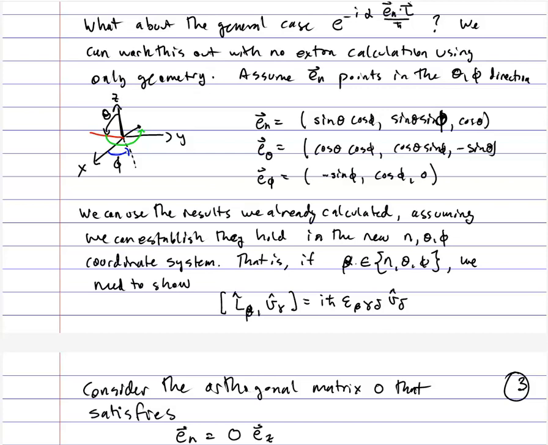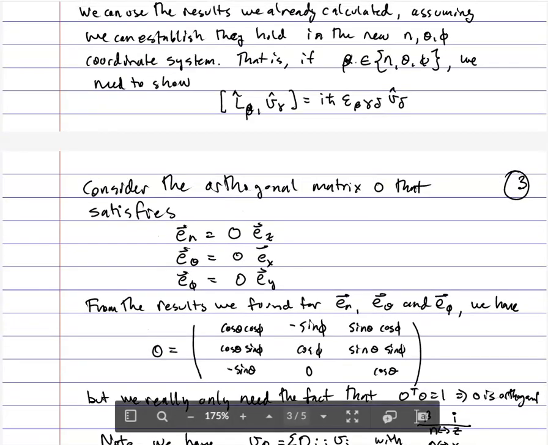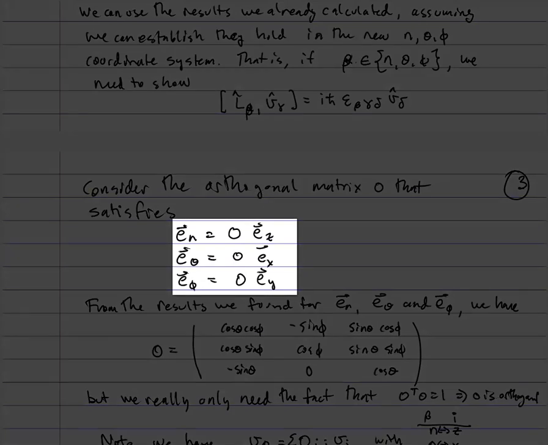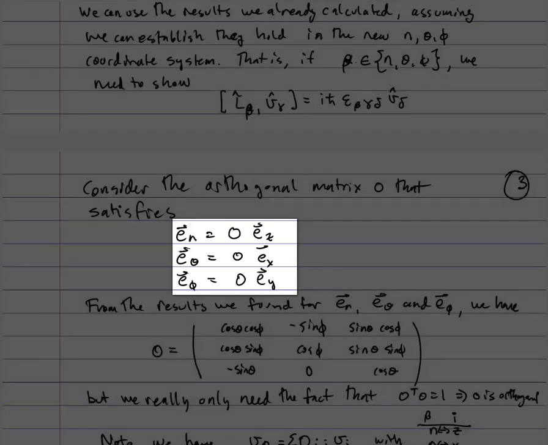Okay? Now, in order to do this, we have to recognize that there is an orthogonal matrix that transforms us from the XYZ coordinate system to the n, theta, phi, and I want to do it in such a way that this matrix takes the z direction to the n direction, the x direction to the theta direction, and the y direction to the phi direction.